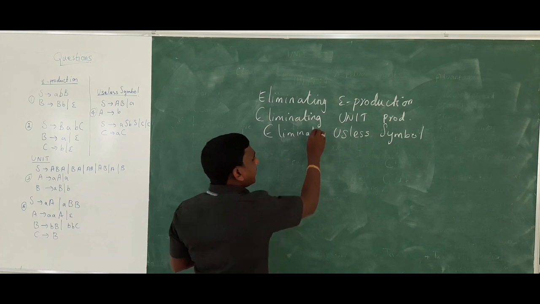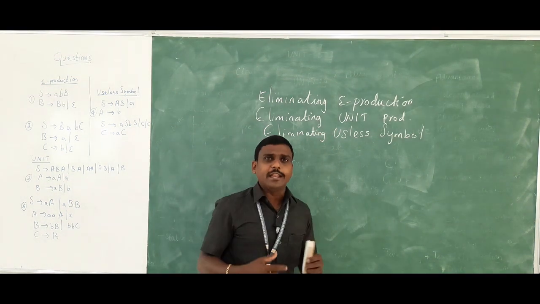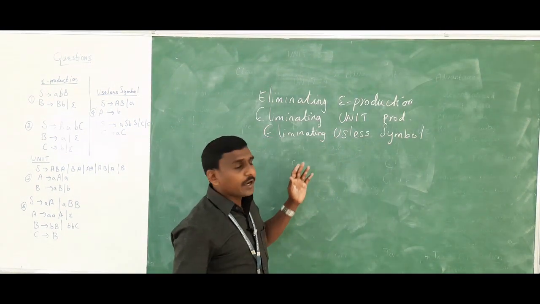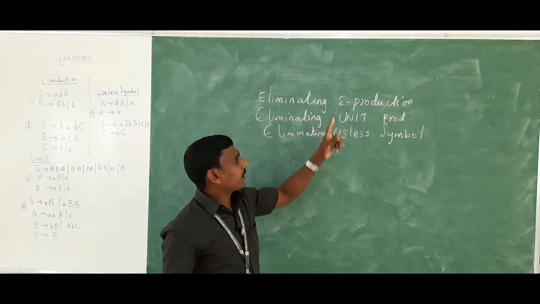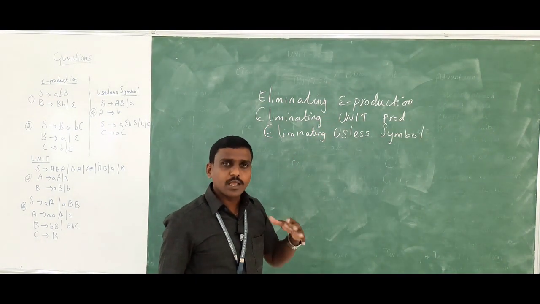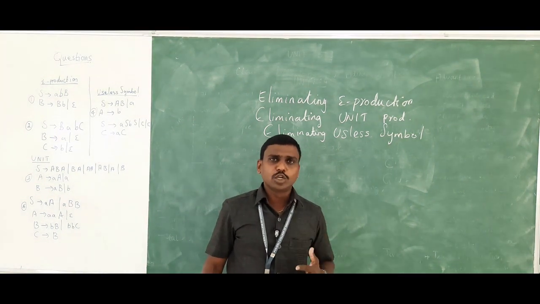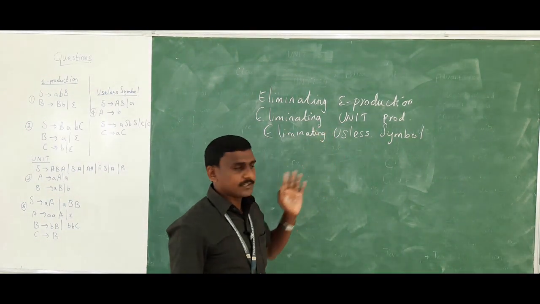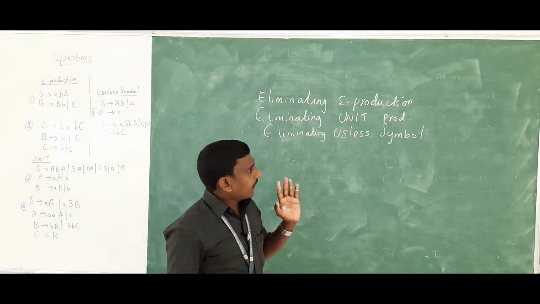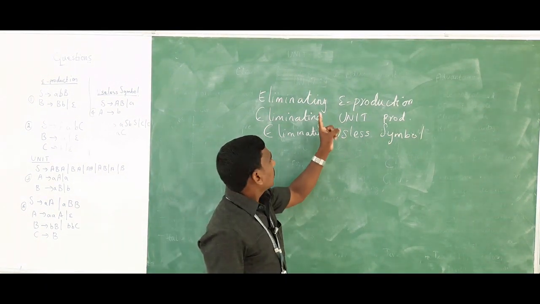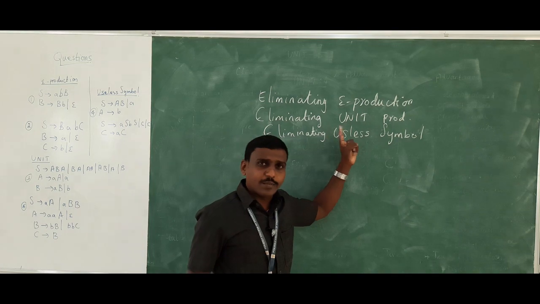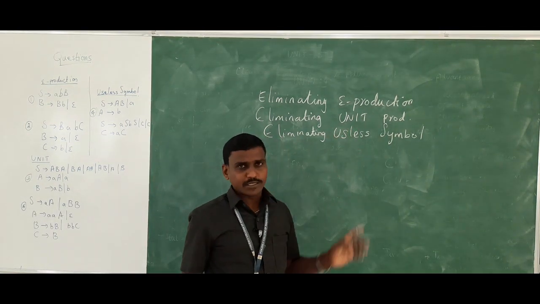Clear? So three things we want to eliminate from the grammar. Why we are eliminating these three things, that is epsilon production, unit production and useless symbol from the grammar, is that in order to solve Chomsky normal form and Greibach normal form, we have to eliminate these three things. Clear? And I am going to explain how to eliminate epsilon production, eliminate useless symbol, eliminate unit production.